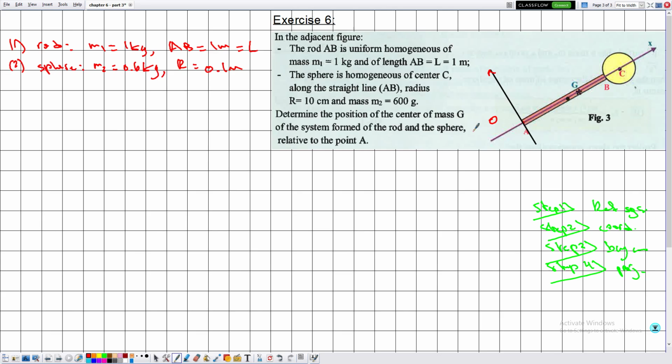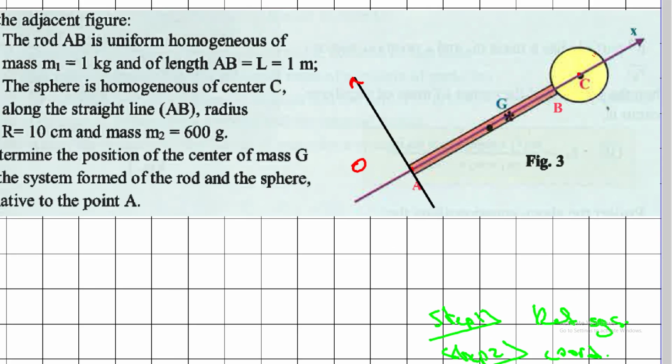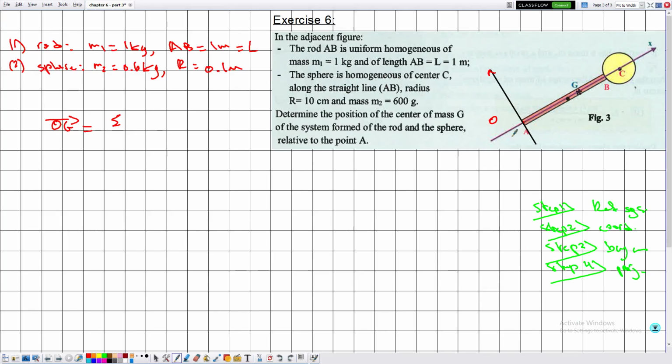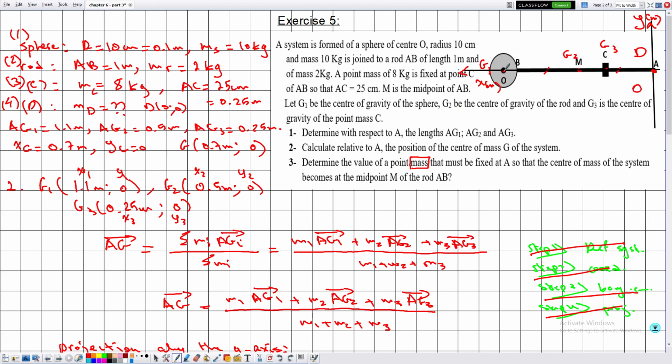And now let's write the Barycenter formula, which is given by OG equal to the summation of mi OGi divided by the summation of mi. Here we don't have any other label for the point O, so let's say that A is simply given by O. This I didn't do in the previous exercise because the point O already represented the center of the sphere.